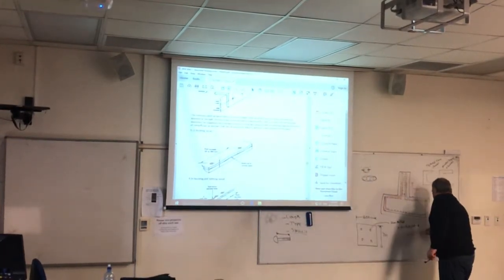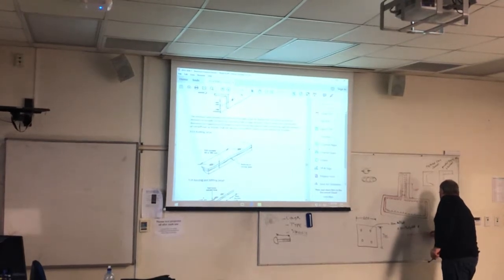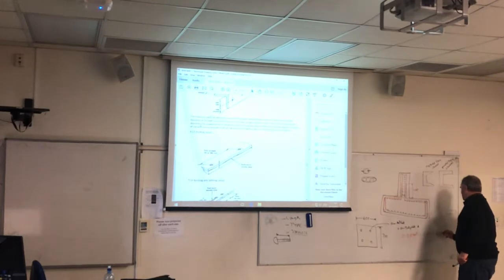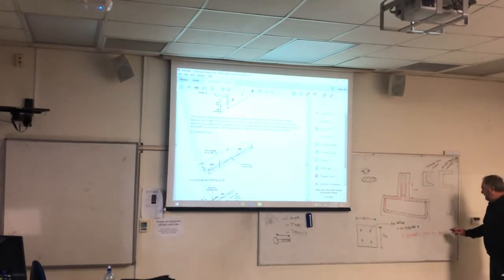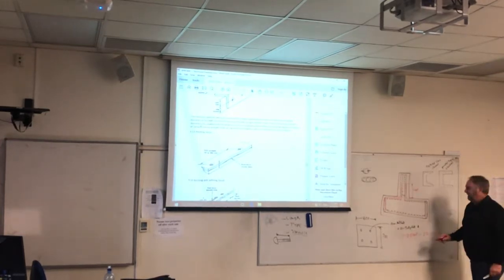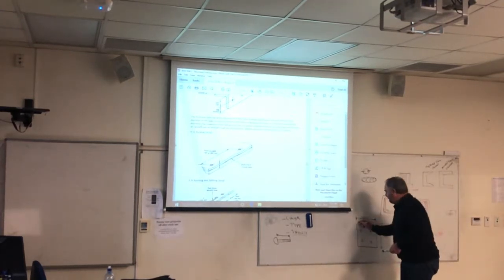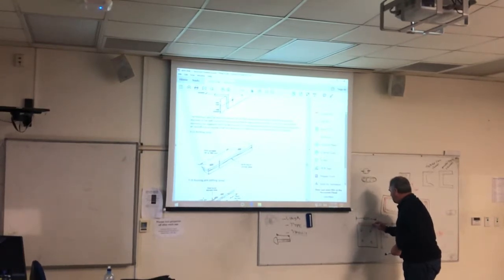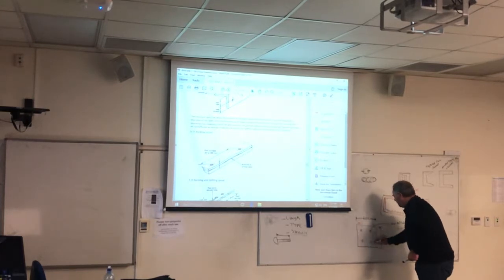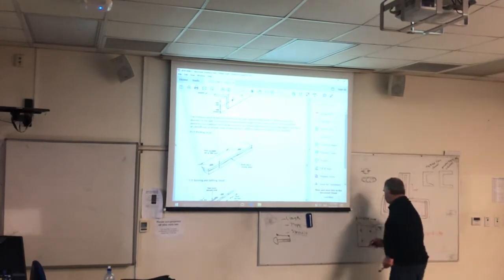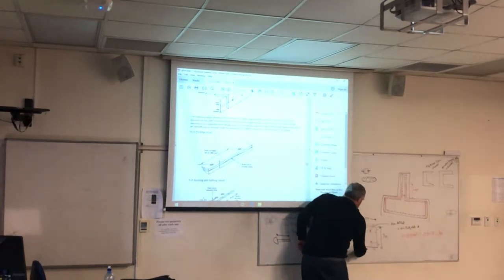What's that equal to? 2.5 times 12 equals 30, right? Okay. So let's start off with 30, because that's the idea, is trying to make 30 equal the plate design. So it's 30 all round. So far, so good.